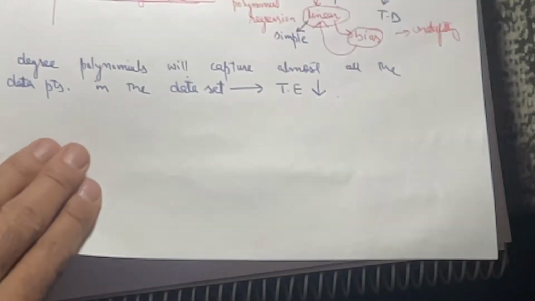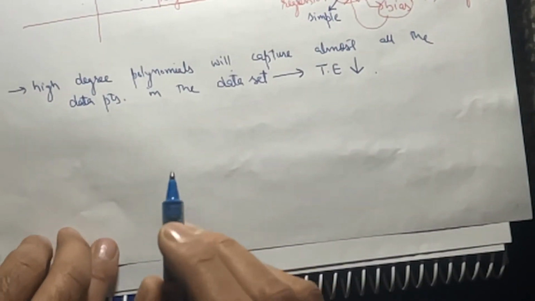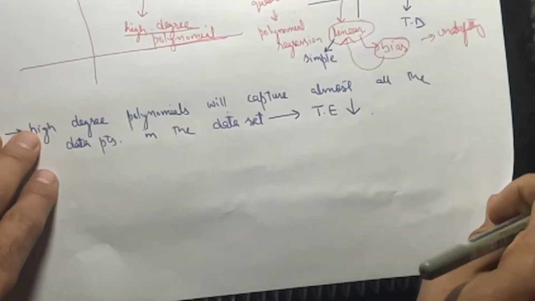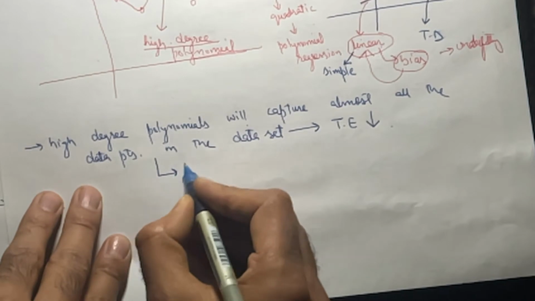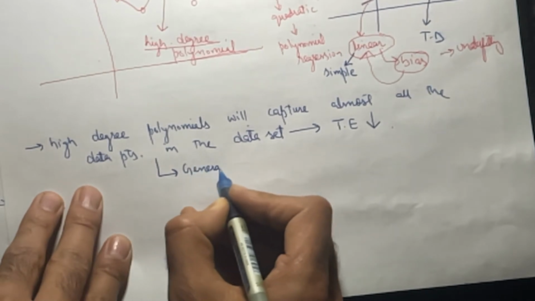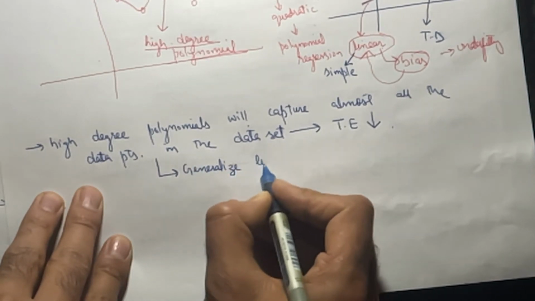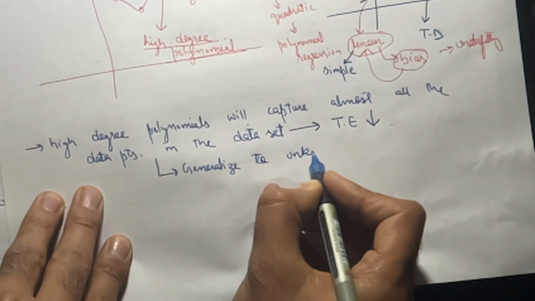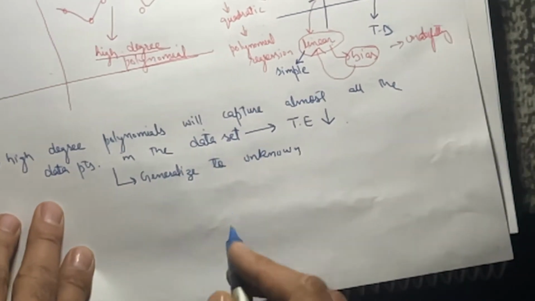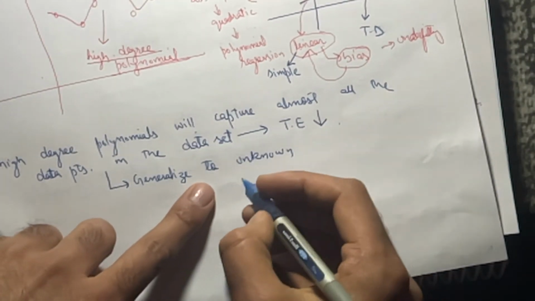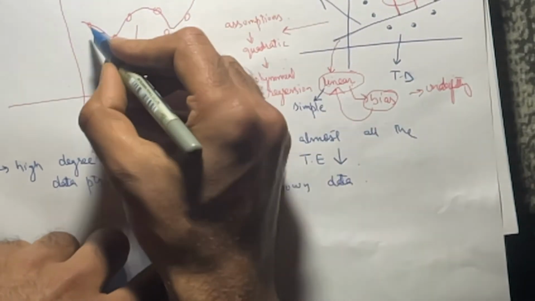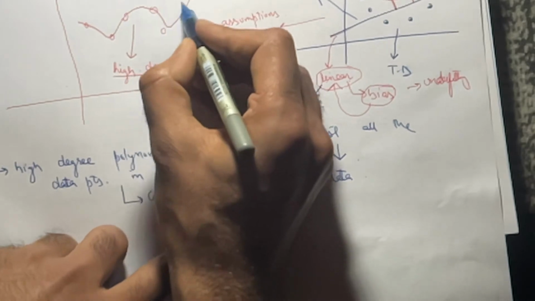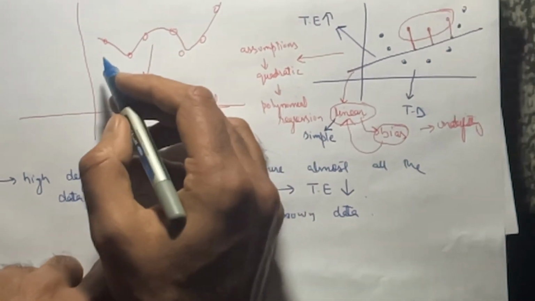But the main problem with this particular scenario is that it won't be able to generalize to unknown data. High degree, or we can say more complex models, won't be able to generalize to unknown data. For example, it was trying to fit every point in the training data.